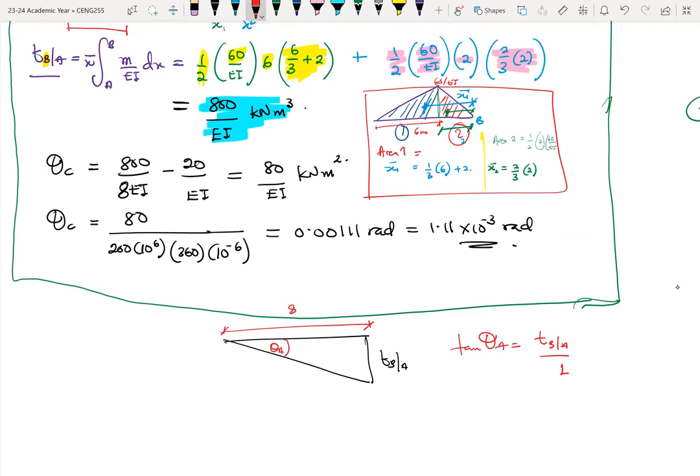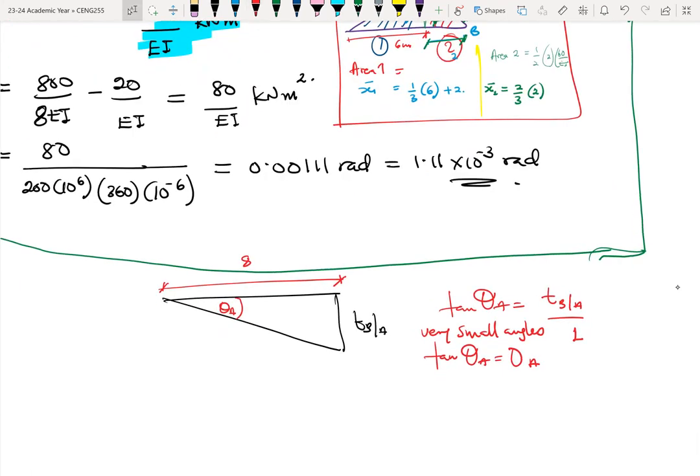Okay. But we know that for very small angles, we can approximate the tan of that angle to be equal to the angle itself. So that has already been established as an assumption to work with. All right.